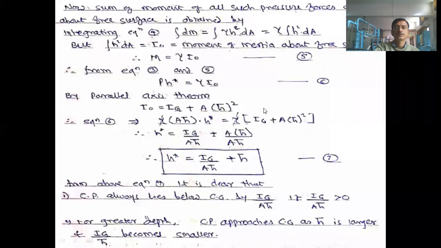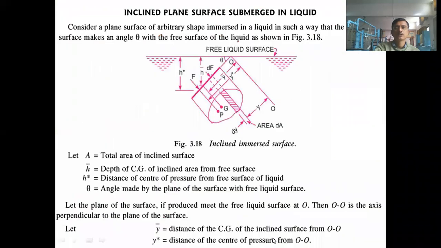So let us now derive the equation for the inclined plane surface submerged in the liquid. Okay, write the title: inclined plane surface submerged in the liquid, and draw this diagram.